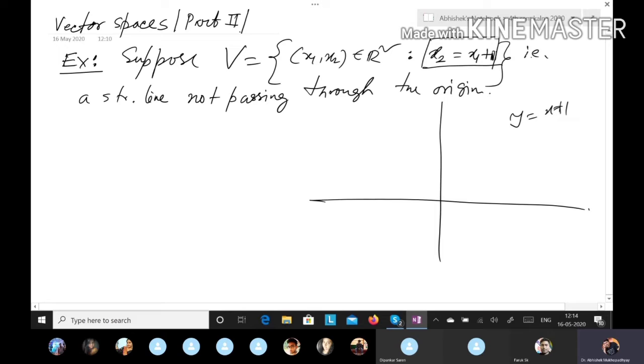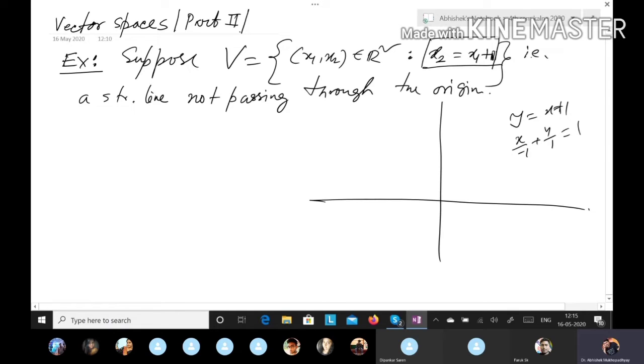If we write it in the intercept form, then it will be x by minus 1 plus y by 1 equal to 1.